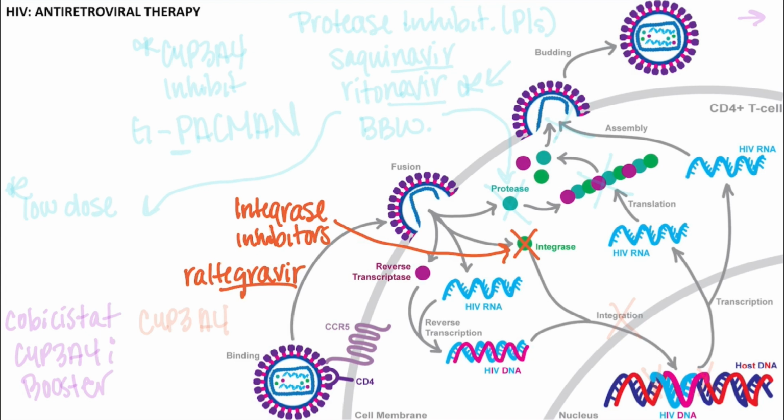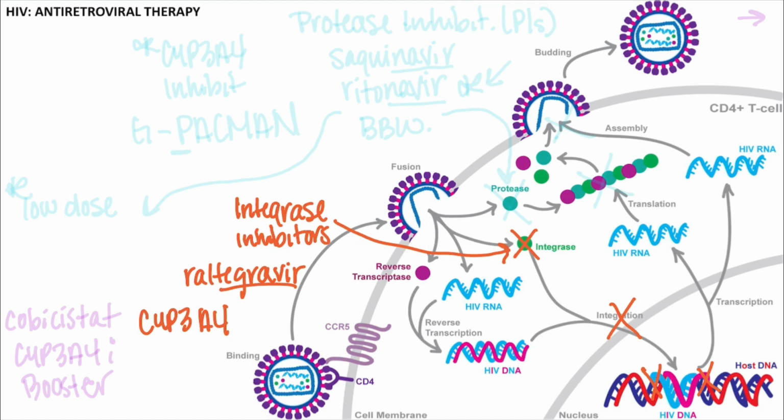And as you might have guessed, these agents are going to bind HIV integrase and inhibit integrase strand transfer. And basically this means we're blocking the formation of covalent bonds between host and viral DNA. So these agents are very potent and well tolerated with little clinical toxicity. However, they are metabolized by CYP3A4. So special care must be taken with CYP3A4 inducers and inhibitors.